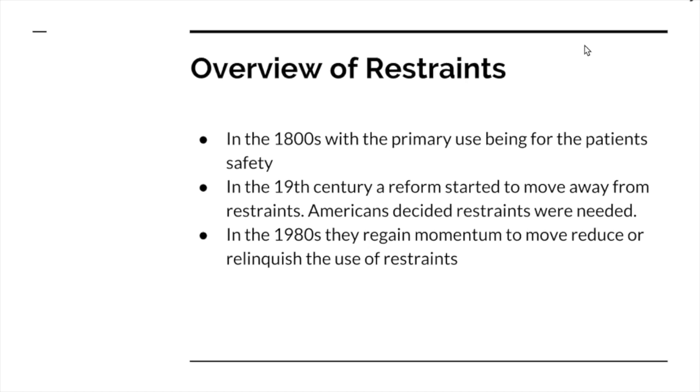The use is said to be for a patient's safety, to control behavior, protect individuals from falls, and prevent interference with treatment, despite growing evidence of the risk of significant harm or death from their use. Around the 19th century, the first generation of American psychologists started to reform the mental health hospitals and asylums that existed around that time.